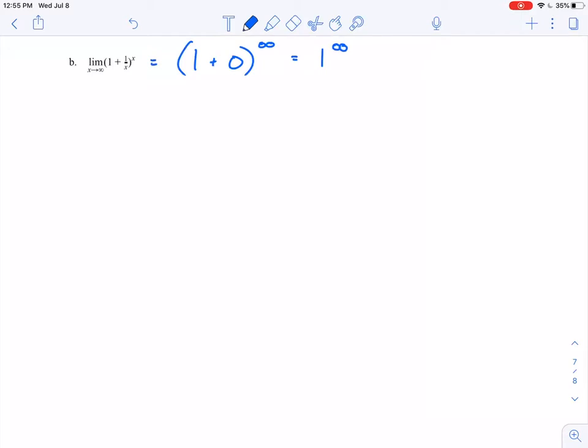So I'm going to rewrite this as limit as x approaches infinity. Let's see, this is e to the natural log of 1 plus 1 over x, put a parenthesis here, raised to the x power. Again, hopefully we see e to the natural log of 1 plus 1 over x.